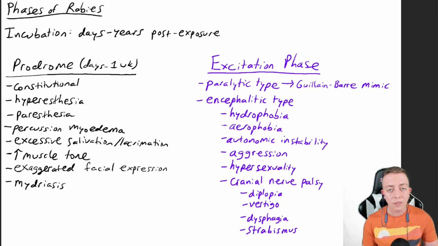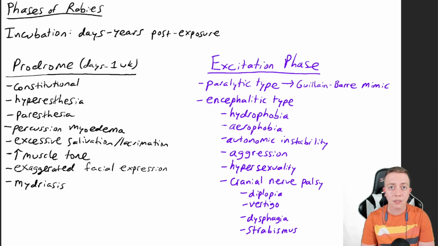So encephalitis is inflammation of the brain, and this is extremely problematic, and this is why those brain regions we talked about a minute ago are going to be really important. So one of the most extreme symptoms of encephalitic rabies is hydrophobia, and this is a very extreme reaction to water.